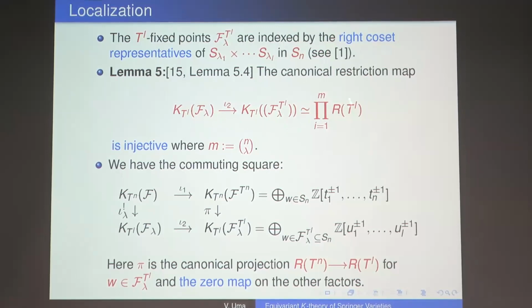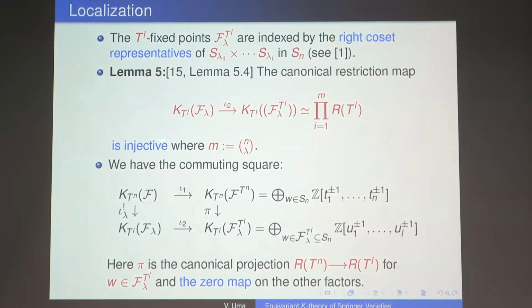We have exactly m fixed points, where m denotes n choose lambda, and the KTL of this fixed point set is the product of RTL, where i goes from 1 to m. So this map we show is injective. This localization is injective.